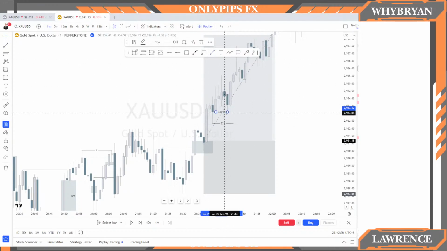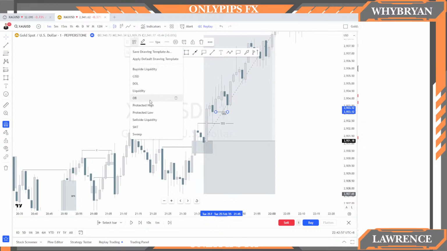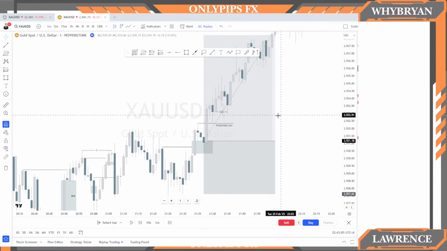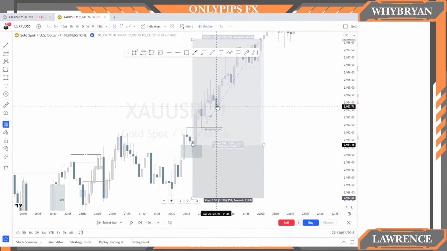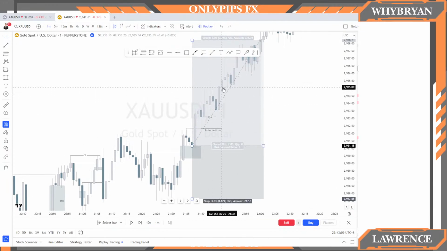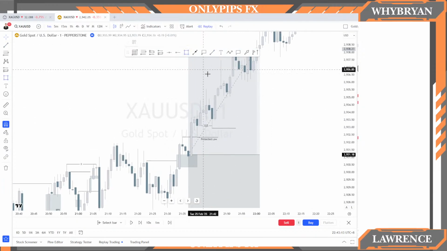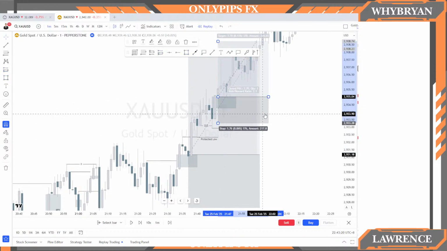Eventually, yes, this low is the liquidity itself, then we'll see this will be the new protected low. After the sweep, the new fair value gap forms again. So you can continue to take the trade right here, adding more positions.